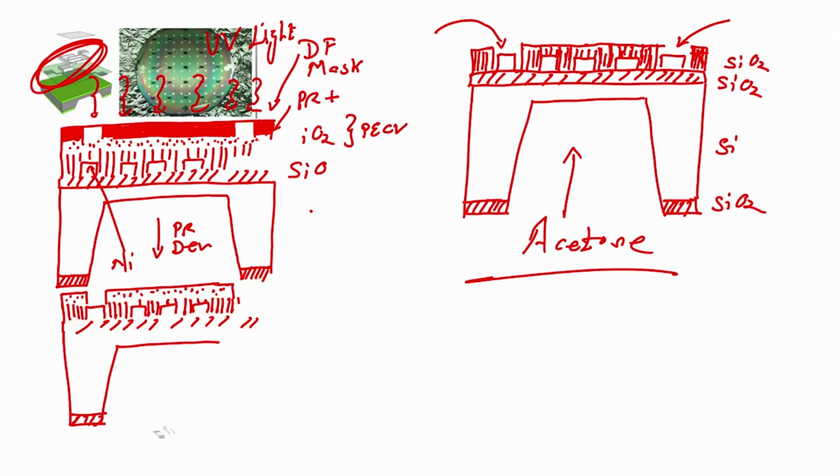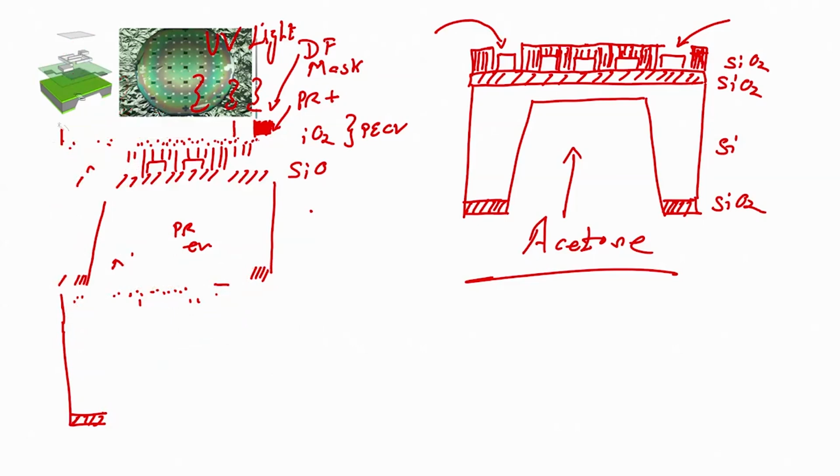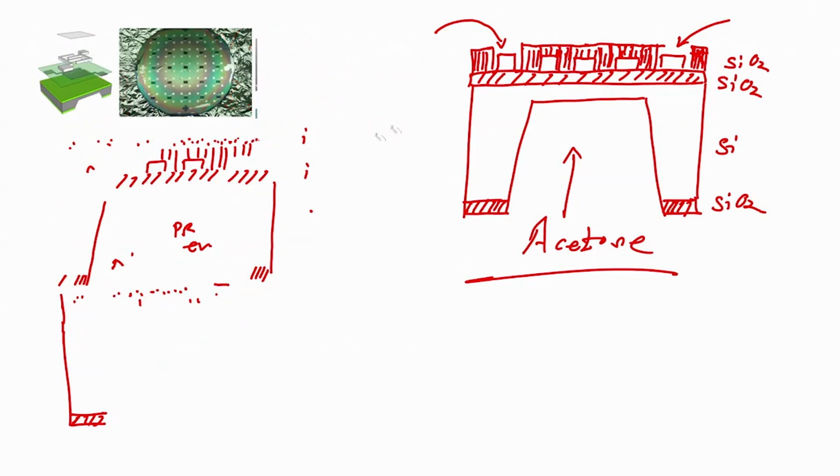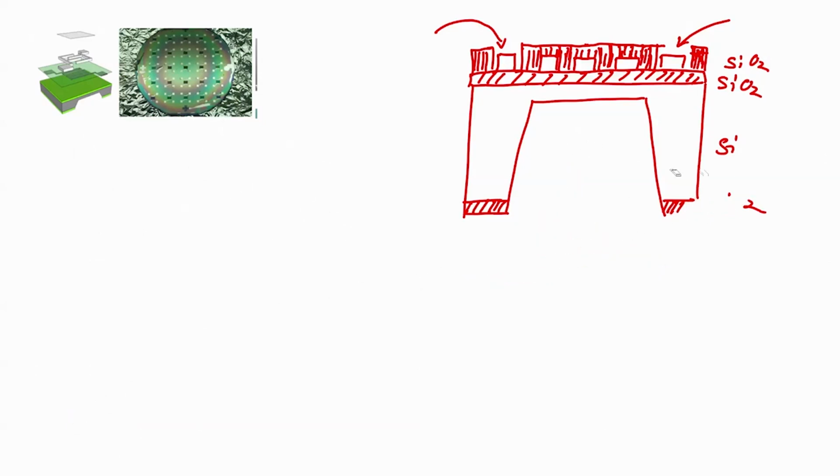Now, we have insulator, right. So, we can now deposit a metal that can be used for fabricating interdigitated electrodes. So, what is this metal? Let us use aluminum as a metal for fabricating interdigitated electrodes. So, we can start from a wafer.